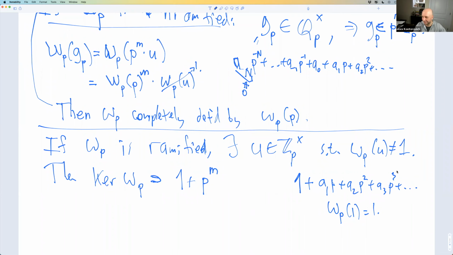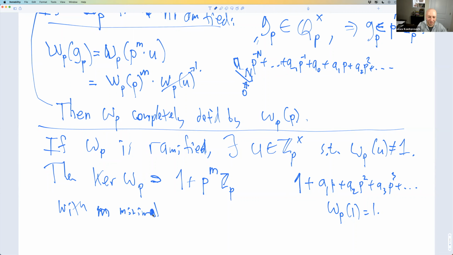Okay, so the open ball is going to be 1 plus some P to the M ZP. So some of these I might have to check: is it true that regardless of the value of A1, I wind up in the kernel? If not, then I go to A2. If not, then I go to A3. But at some point, one of these sets is going to be in the kernel. So we're with M minimal.